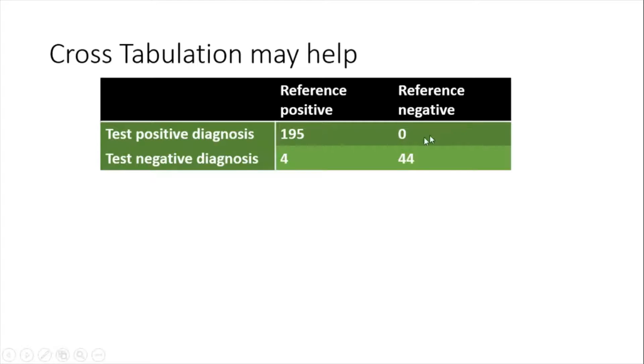There may also be certain cases which are test positive but actually negative by the reference test. Those are the false positives. Here in this case, the false positives is 0. But in most cases, we have some amount of false positives. Now we have the index test negative results which are reference positive.